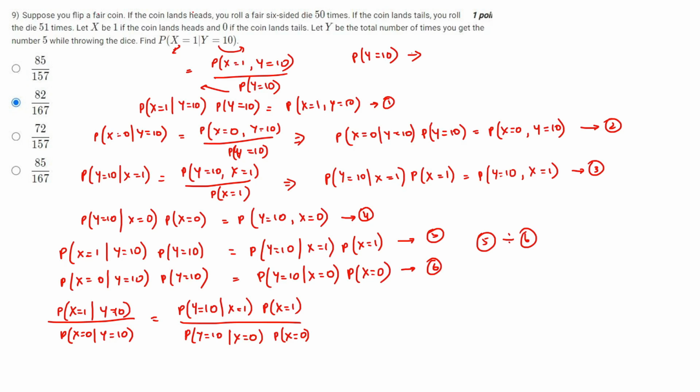Since it is a fair die, these two values will be equal to 1 by 2. So P(X=1) and P(X=0) are 1 by 2.